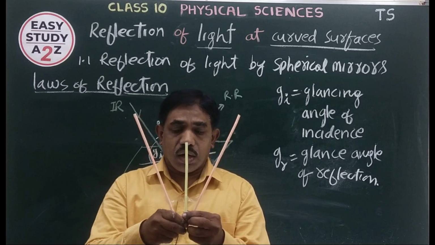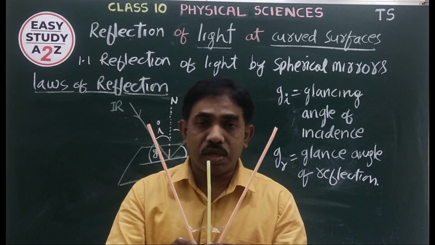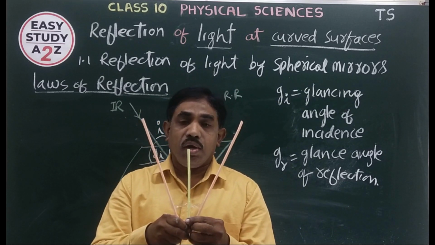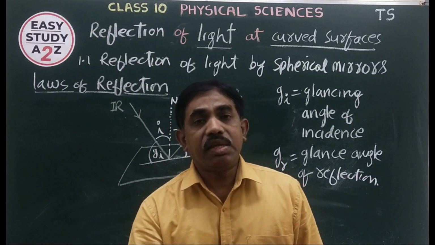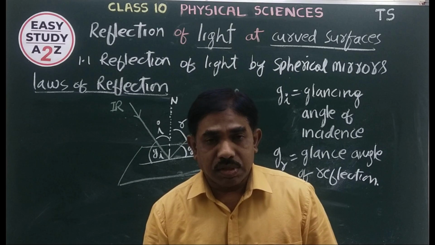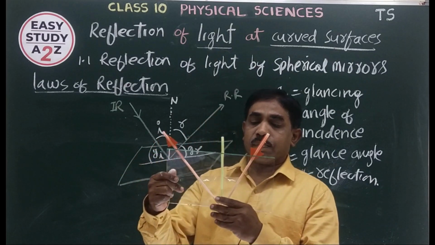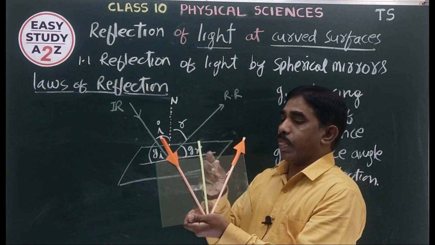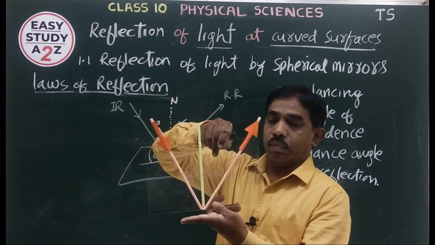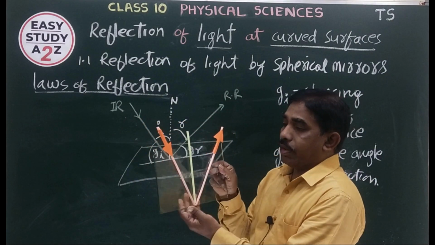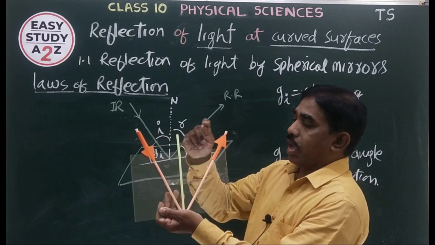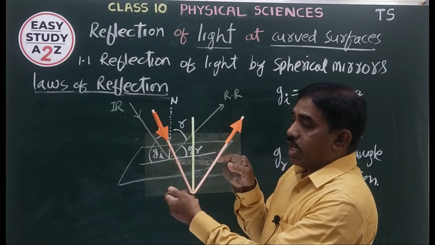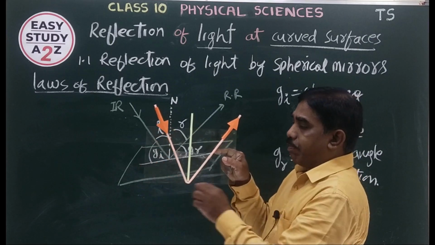In order to avoid that confusion, we have introduced a new concept known as plane. A plane is an imaginary concept. See here, like this. Here the incident ray, the normal and the reflected ray appear in the same plane.